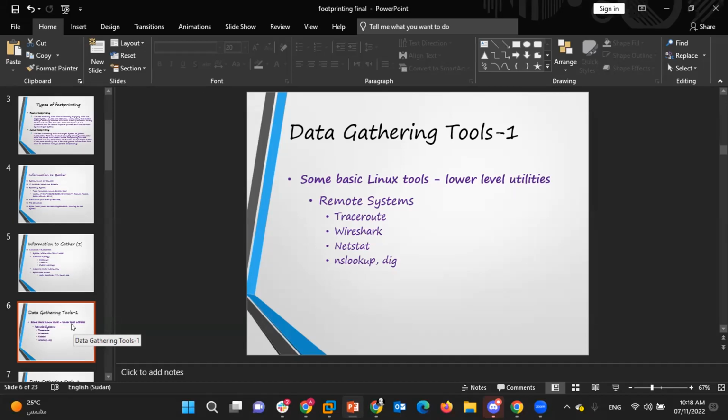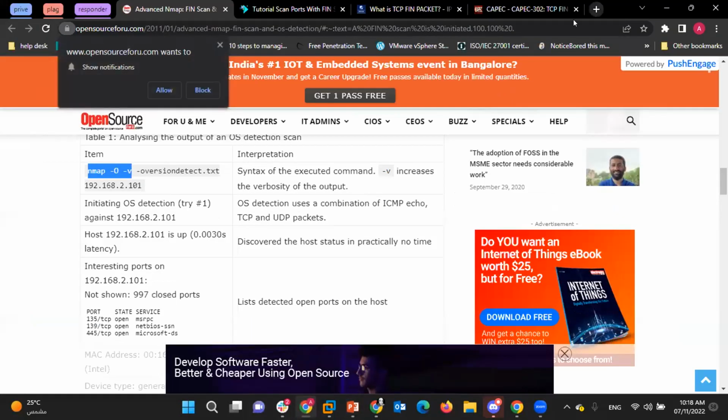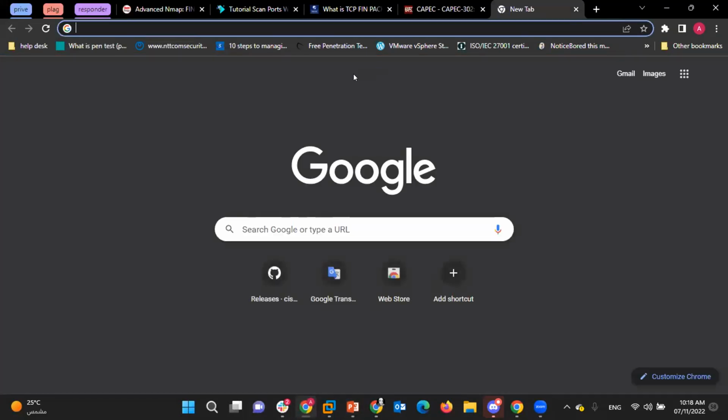We can use an online tool called Whois. Whois is a website where we can enter a domain and find information about it. Let us see that.